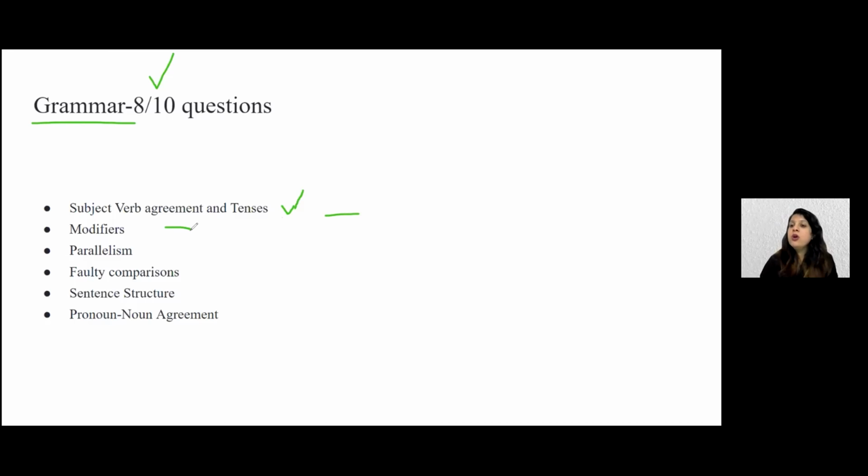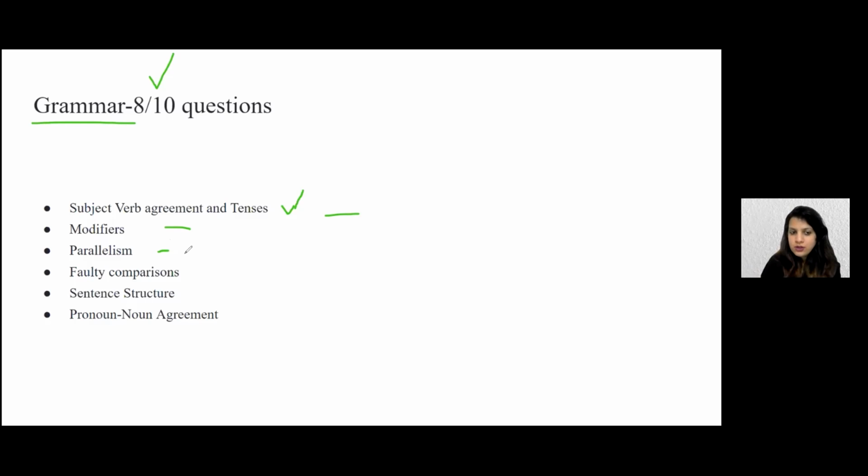Or most importantly here, we'll be talking about certain concepts like dangling modifiers and misplaced modifiers. These are not that difficult to understand as they may sound. They may sound too technical, but once you get the hang of it, once you have understood that concept, you will actually enjoy answering questions based on that.